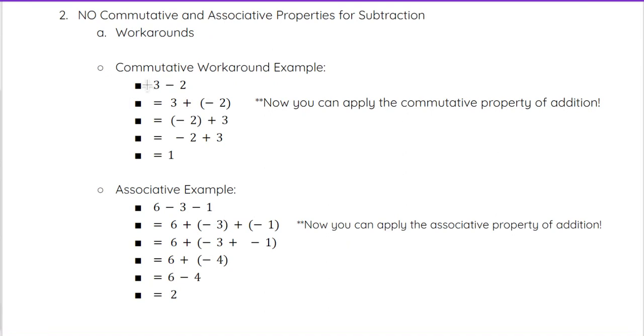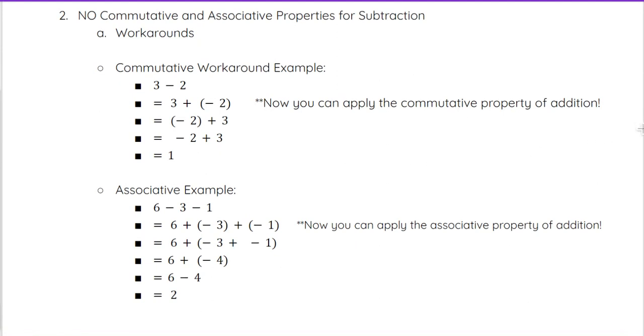So just like we looked at up above, we have 3 minus 2, we changed it into addition, we swapped the order, and we still got the same answer to show that the commutative property of addition can be applied if we change that subtraction into plus a negative number.